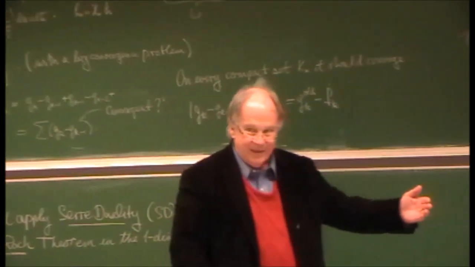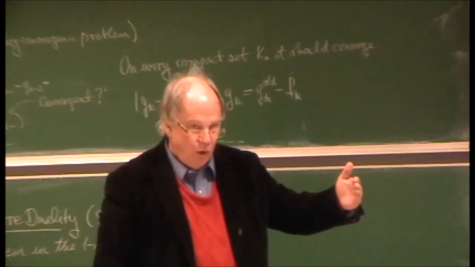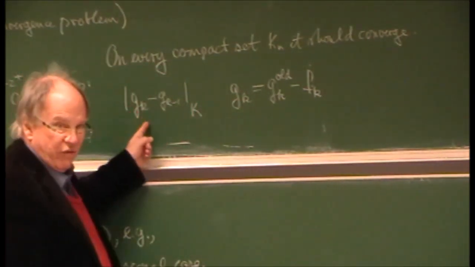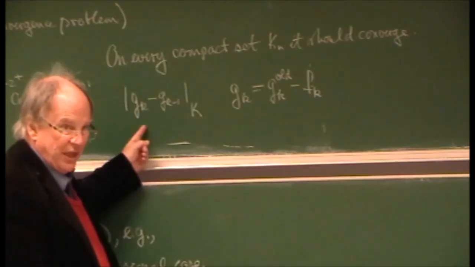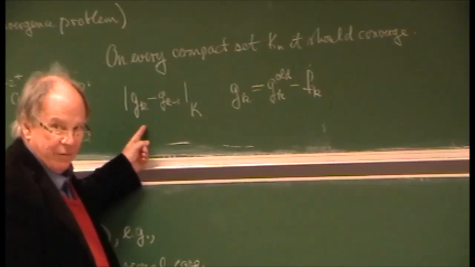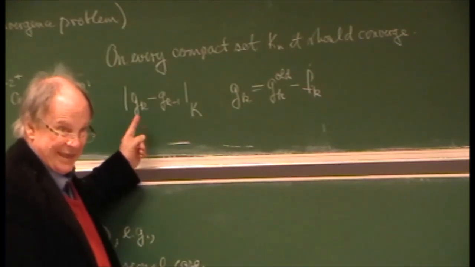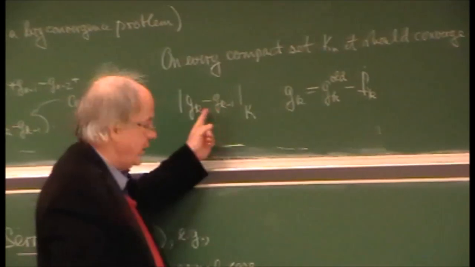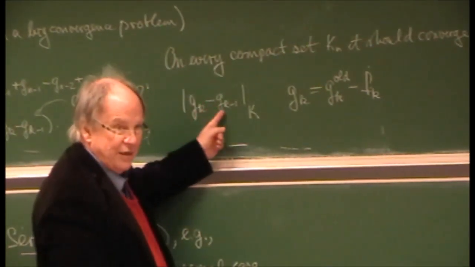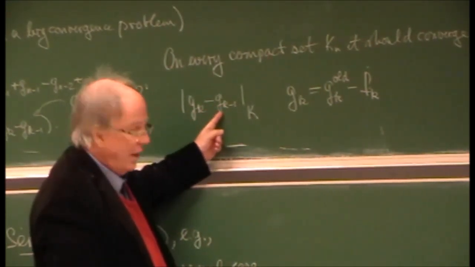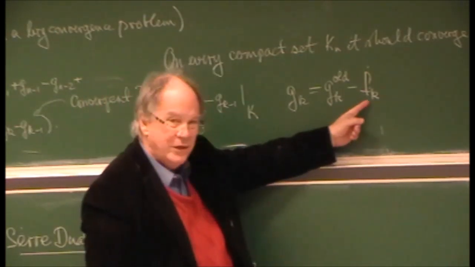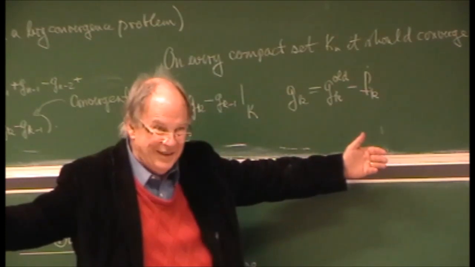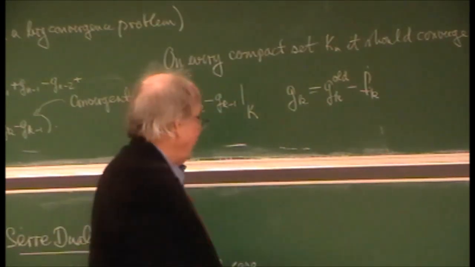Now look, the d bar of this difference is 0 on k minus 1, so the difference is holomorphic. All I'm asking is to approximate it by a holomorphic function on the next set.